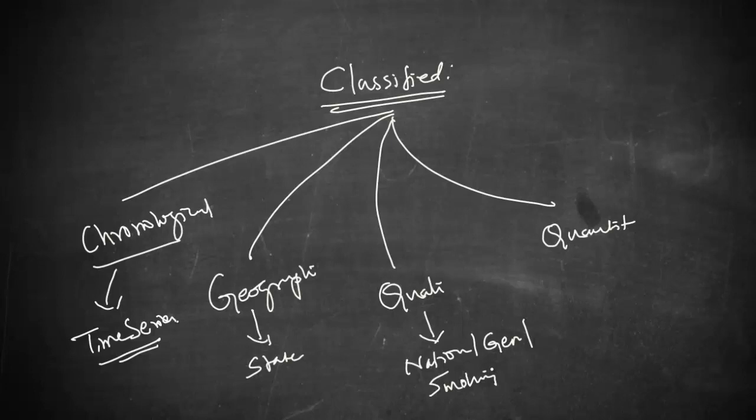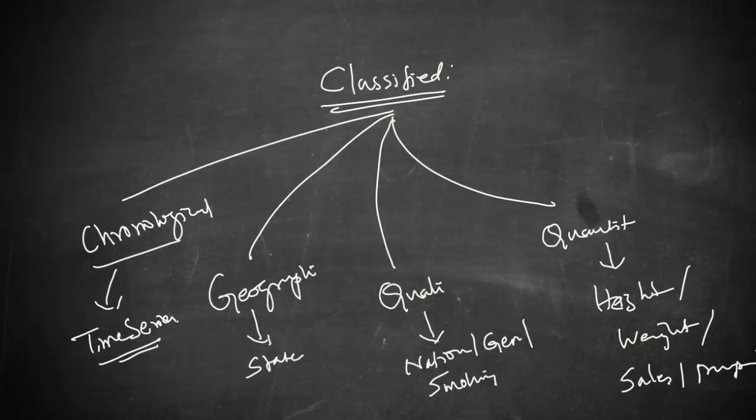All these are basically qualitative data. And finally, quantitative data can be something where you take information which can be quantitatively measured. For example, you are taking information about height, weight of participants, sales, profits, etc.